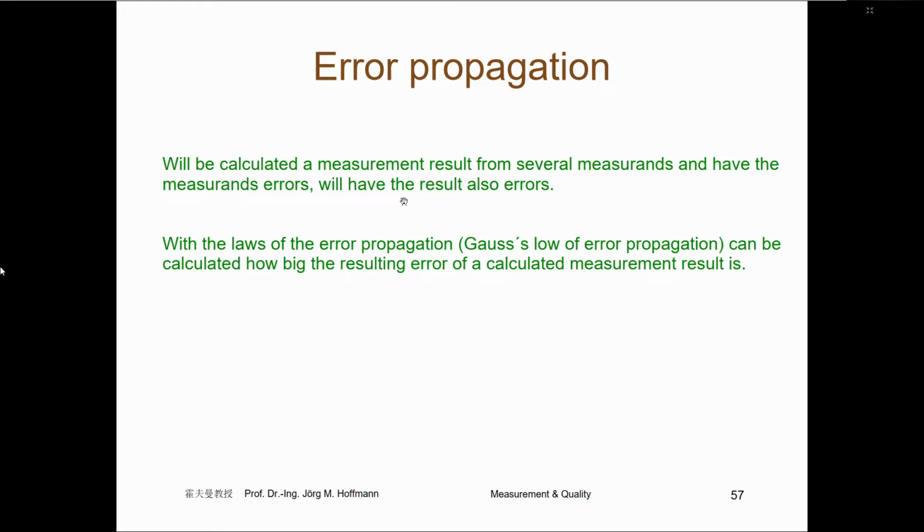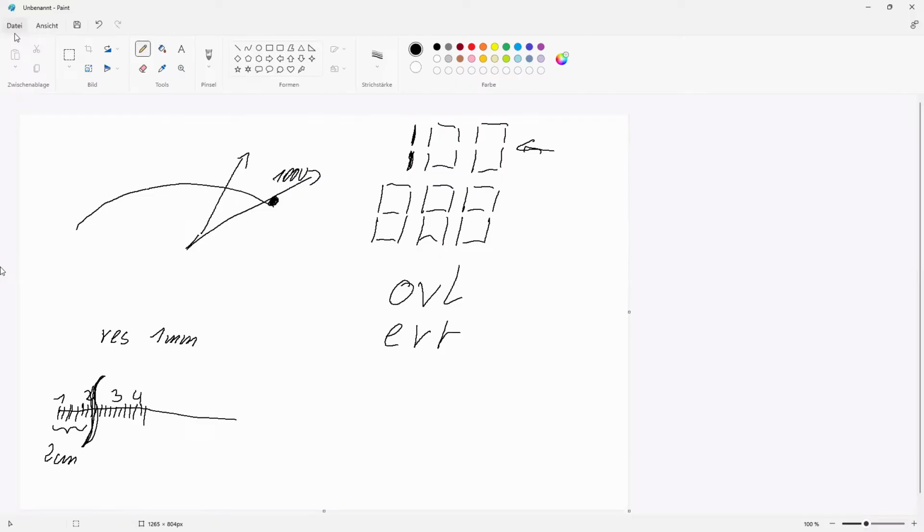And I think it is clear that the errors of the single measurements are important, but also how the measurements are connected. I go again here.